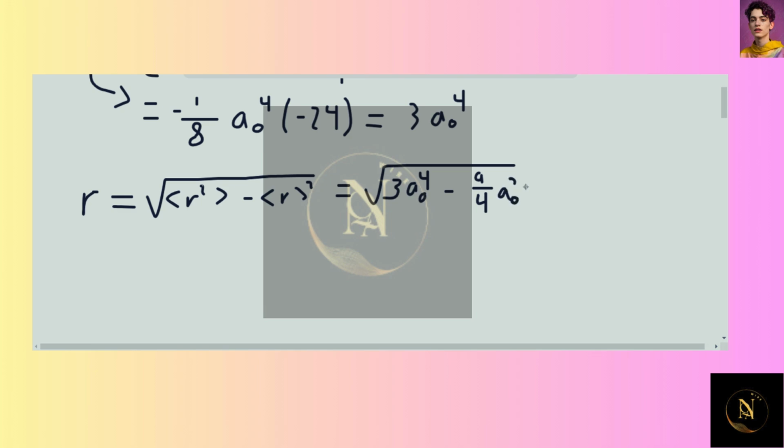I'm going to pull an a naught out front. So a naught squared square rooted is just a naught. And this is multiplied by the square root of 3 minus 9/4.